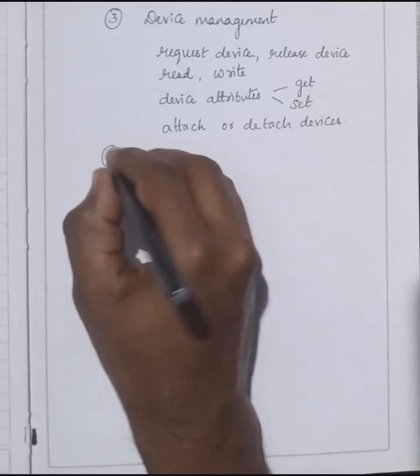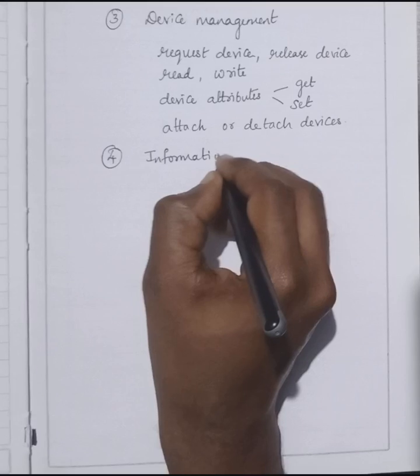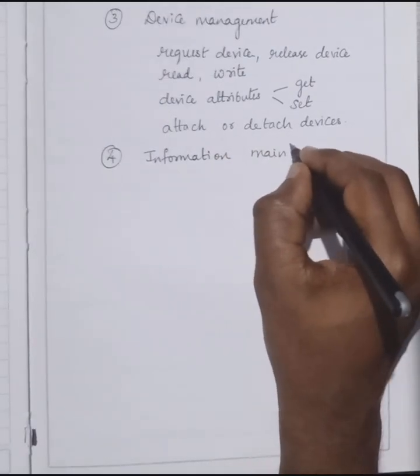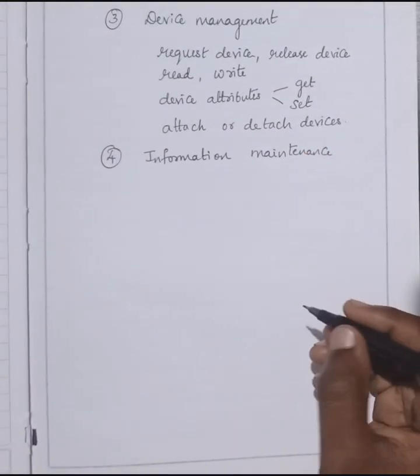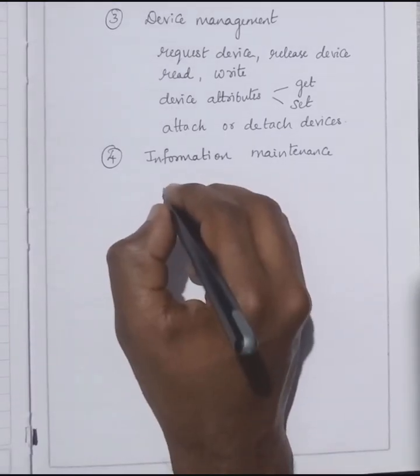Then the fourth one is information management. What is the information related to? It can be related to the time and date, or system data. In this case we'll have everything as get and set.